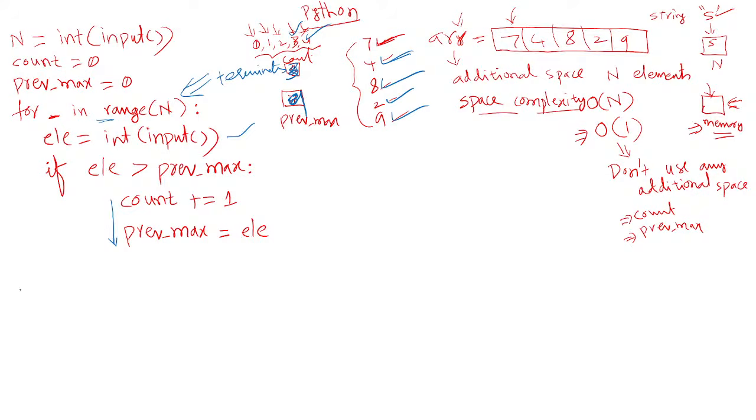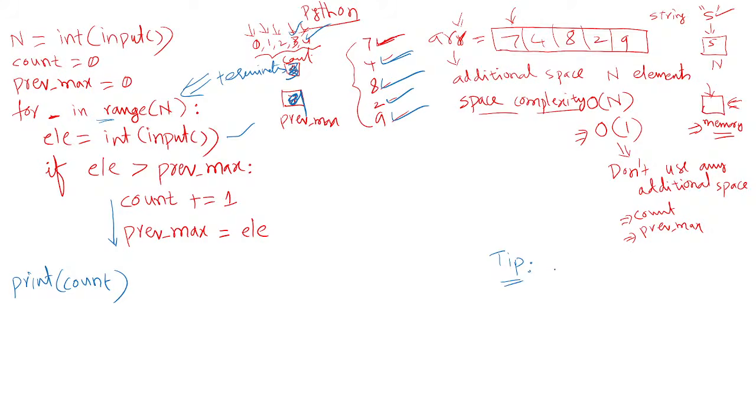Once you come out of the loop, you need to print the count value. Just print the variable count. While printing, I would like to give you one more tip.